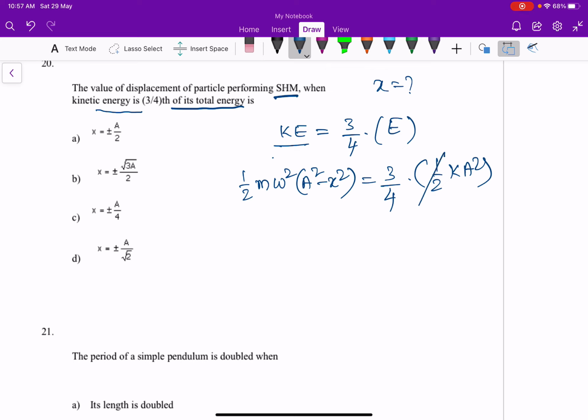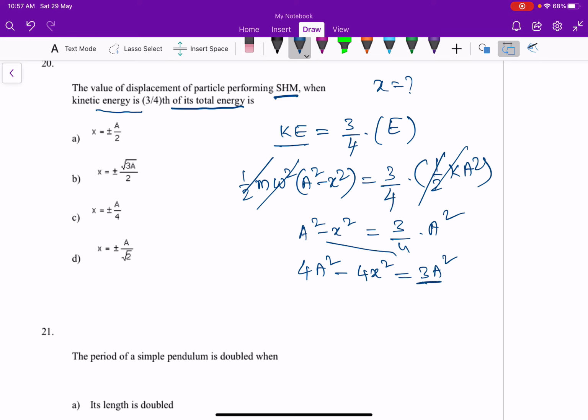Here half and half get cancelled. m omega square is nothing but k, it is also cancelled. So what is left here? a square minus x square is equal to 3 by 4 a square. On cross multiplying, we get 4a square minus 4x square is equal to 3a square. When 3a square comes to this side, 4a square minus 3a square is equal to 4x square.